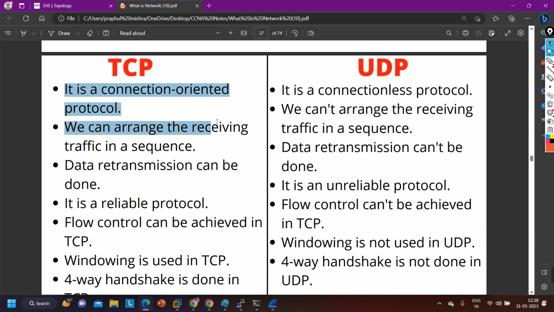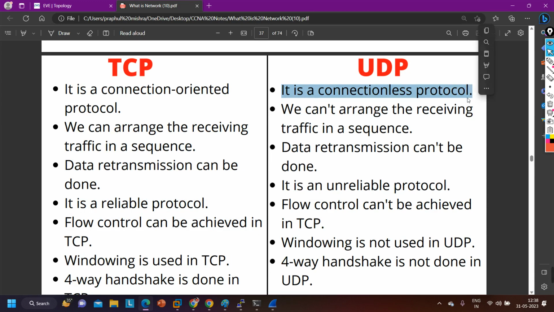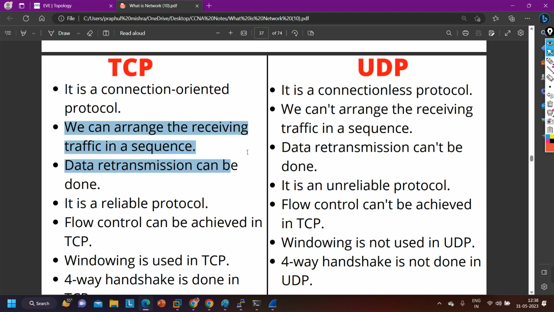It means it will first build a logical connection with the help of the three-way handshake. And UDP is a connectionless protocol, meaning UDP is not going to build any logical connection. After that, in TCP we can arrange the receiving traffic in sequence. Let's say I am sending 10 packets to the server.